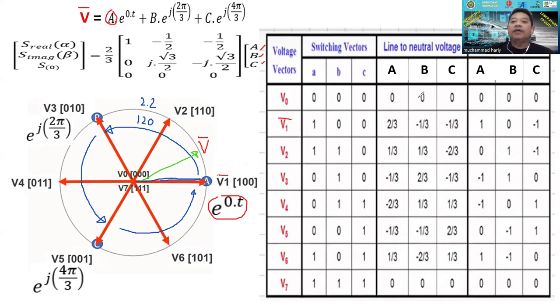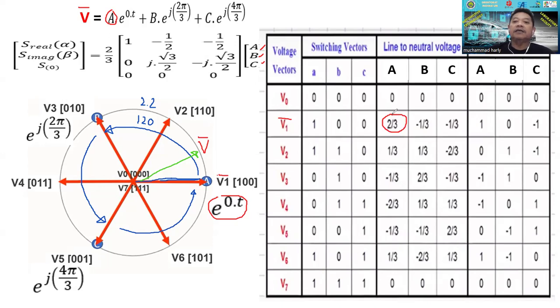We have two types of metric: the line to neutral voltage and the other is line to line voltage. If you measure correctly, then the E in position V1, sector 1, is the E voltage, which is two-thirds.